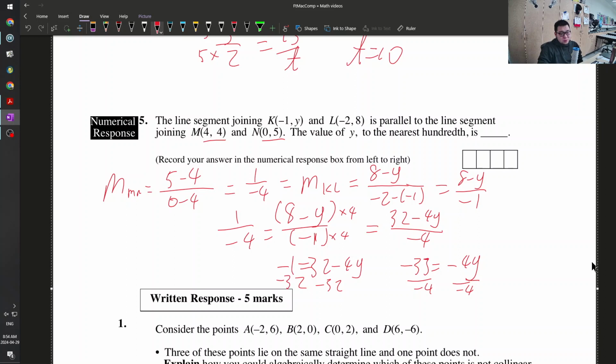So 1 over negative 4 is equal to 32 minus 4y over negative 4.